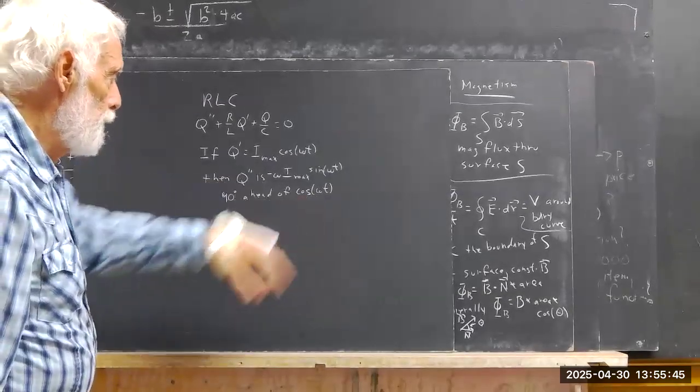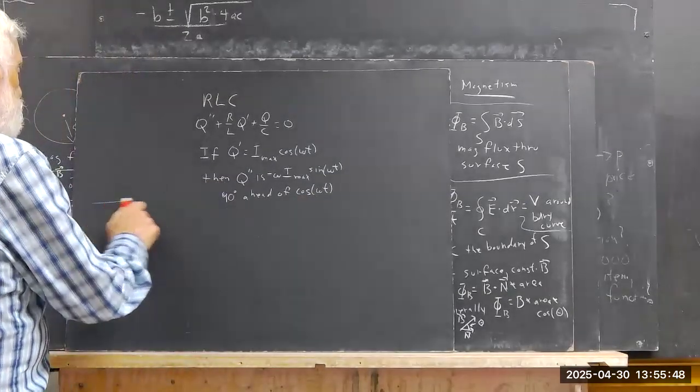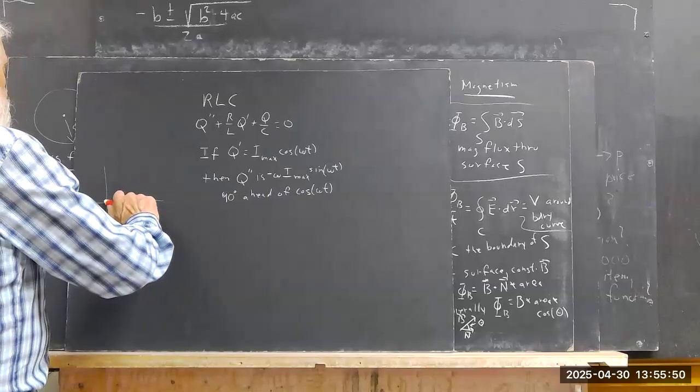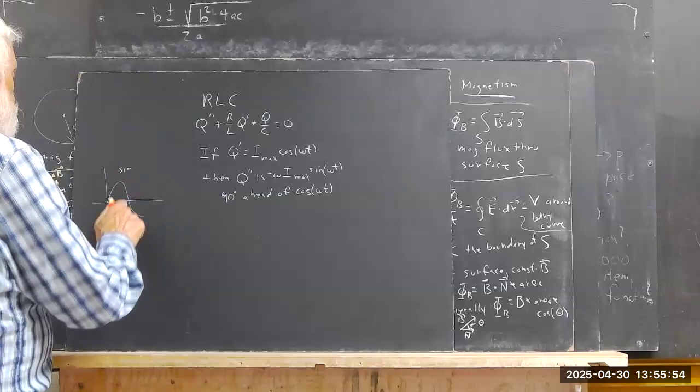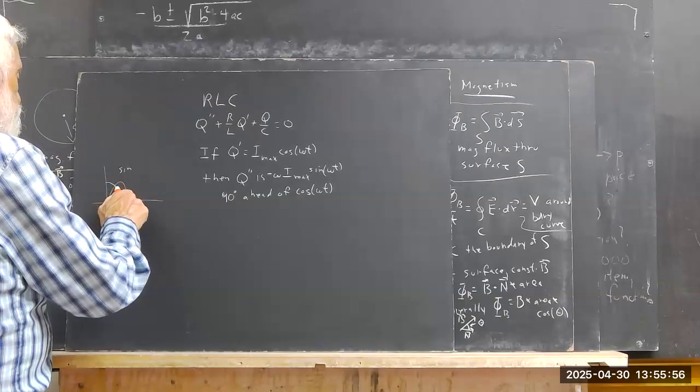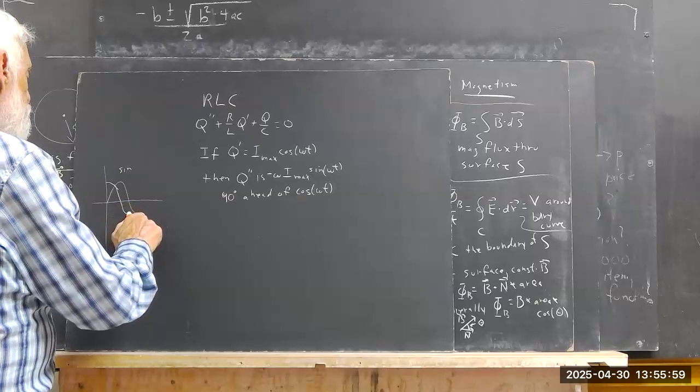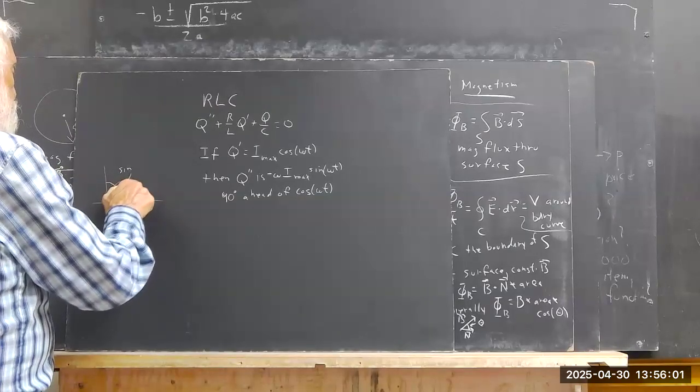Ninety degrees phase ahead of cosine omega t. And this is a sine. This is the cosine.